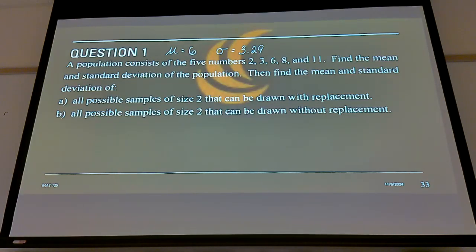Pick 2 numbers with replacement. So your sample space is 25.